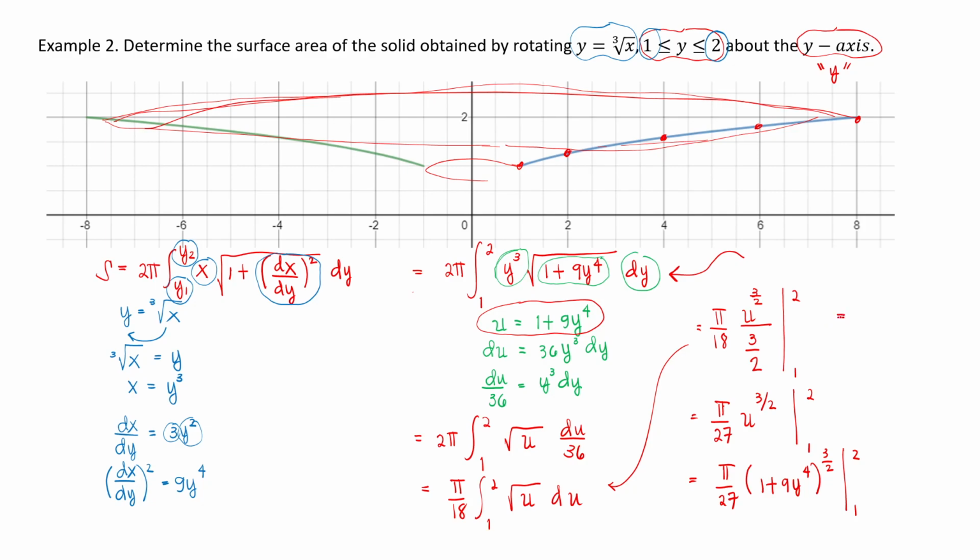Evaluating manually, you're going to get the answer. That's 199.48 square units.